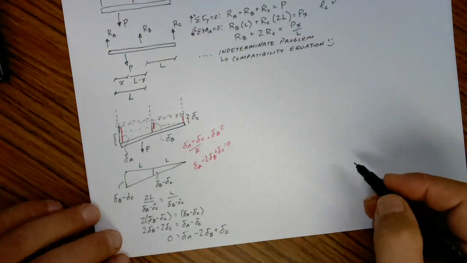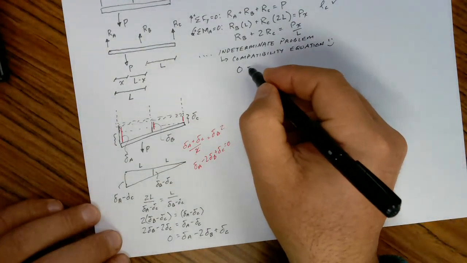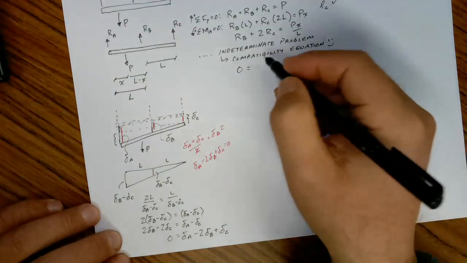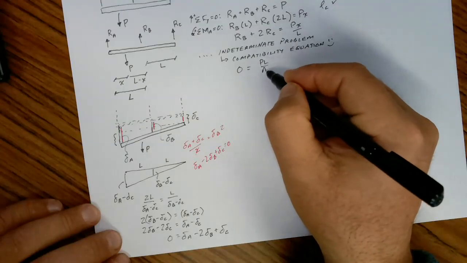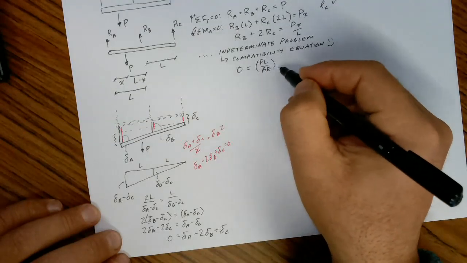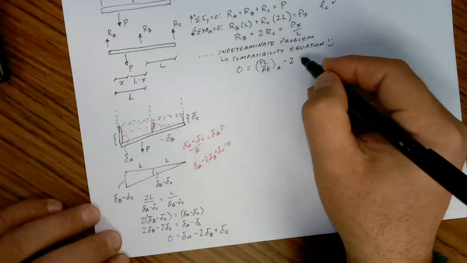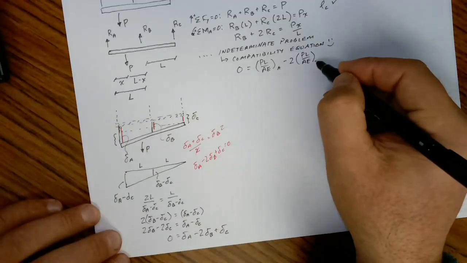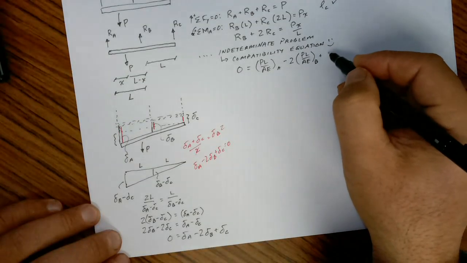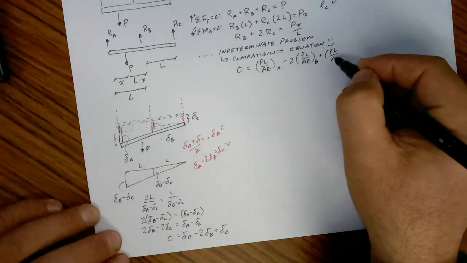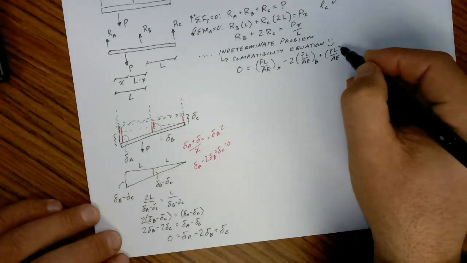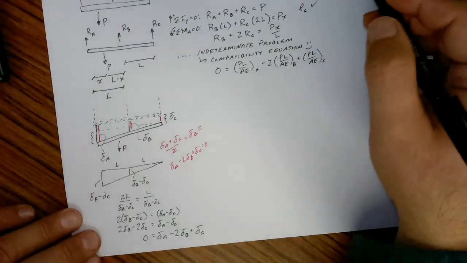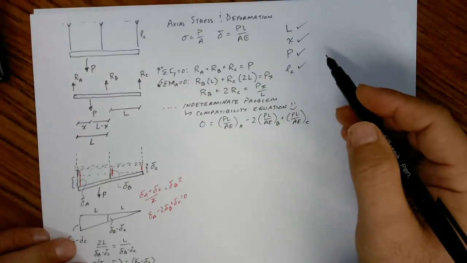I'm happy. Here it is: 0 is equal to, and just to fit all this in, I'm going to keep plugging it in, PL over AE for A, minus 2 PL over AE for B, and then plus PL over AE for C. Let's go back to our knowns.